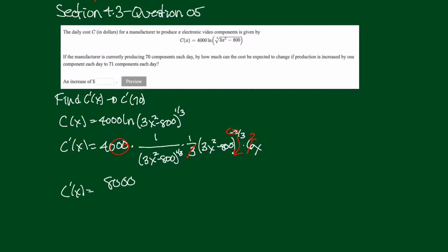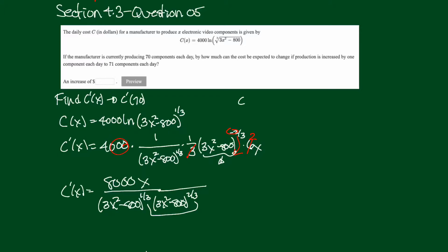And we still have this x up on top, 8,000x over, now, I'll write this whole step here. It's 3x squared minus 800 to the 1/3, but then we're bringing this whole thing down, right? That whole thing's going down. So it's 3x squared minus 800 to the 2/3, right? Positive 2/3. And then the 1/3 and the 2/3, that'll just give us 1.